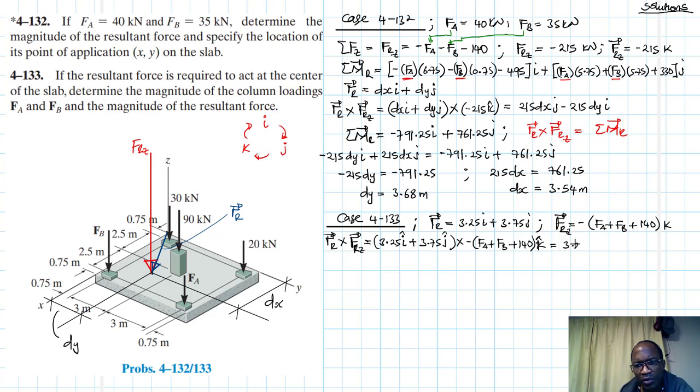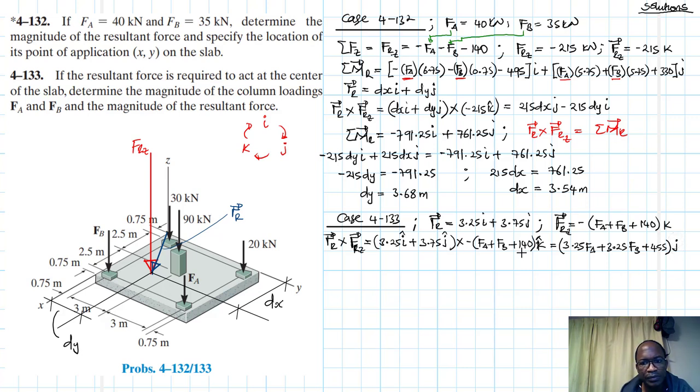So we'll have 3.25 FA plus 3.25 FB plus 3.25 by 140, 455. Okay, so this is equal to j.